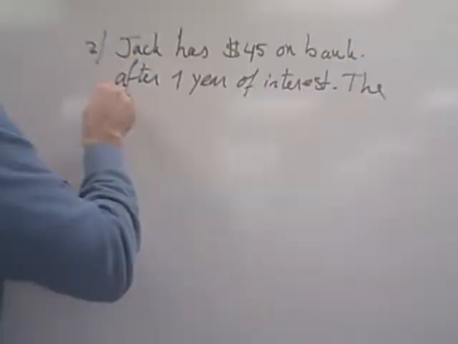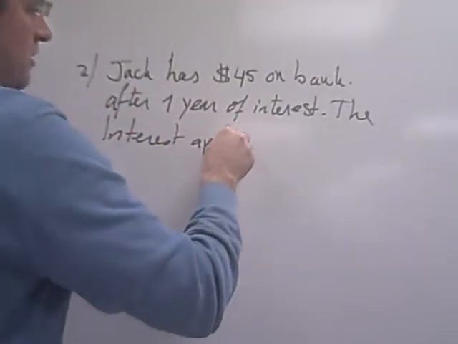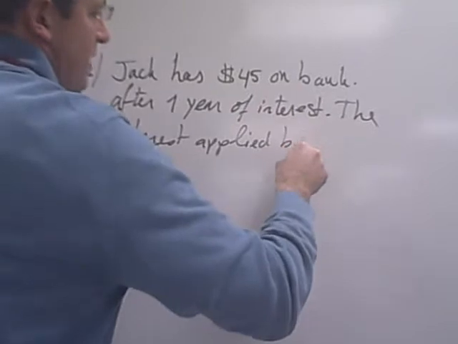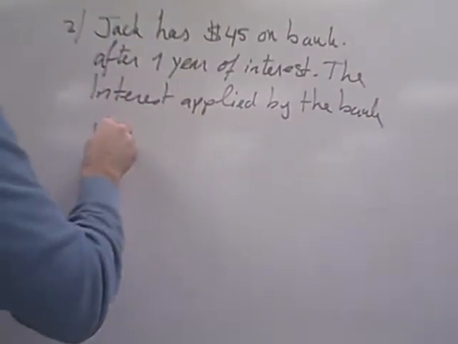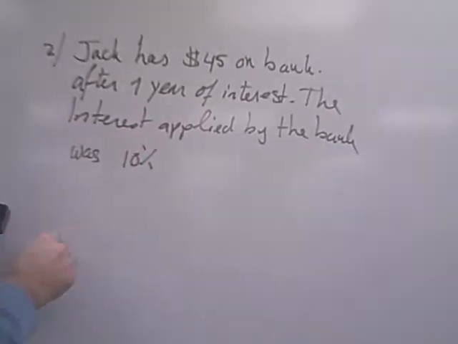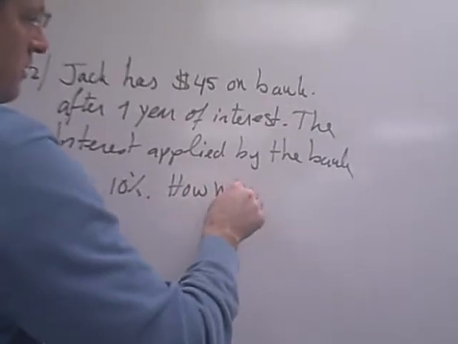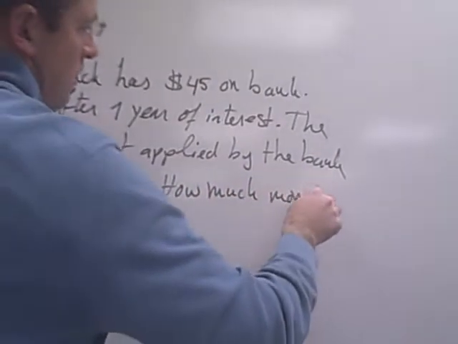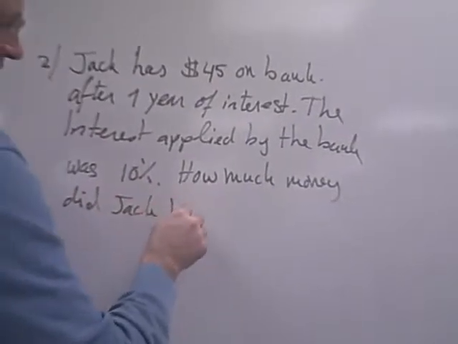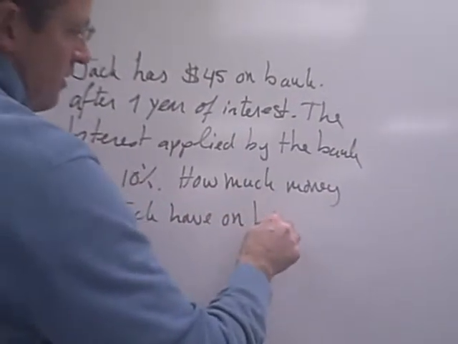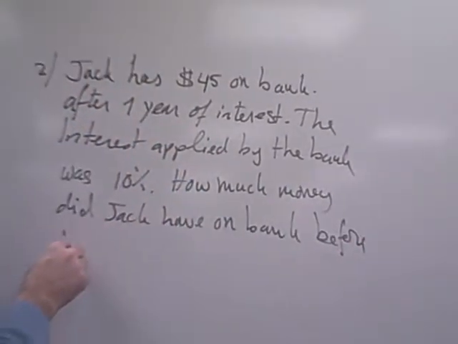The interest applied by the bank was 10%. How much money did Jack have on the bank before the interest was applied? Before interest.